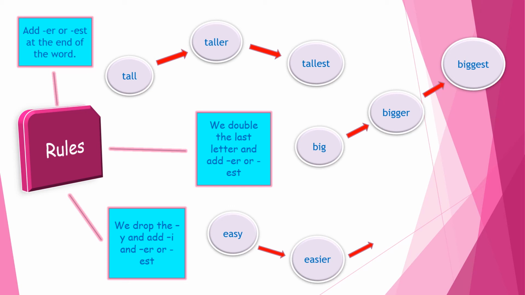Okay, and if I have to compare it in a larger group, amongst the larger group of either animals or people or places or things, then I remove Y and I add IEST, which makes it easiest. So it is easy, which is a positive degree, easier, which is a comparative degree, and easiest, which is a superlative degree. So these are the first three rules of the adjectives.